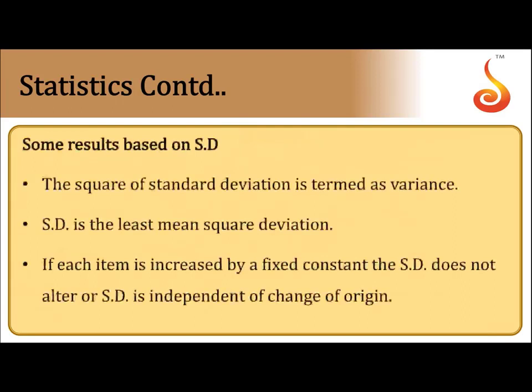And these are certain important points related to the theoretical part. Just go through them. The square of the standard deviation is termed the variance. The standard deviation notation is sigma, and variance is given by sigma square.